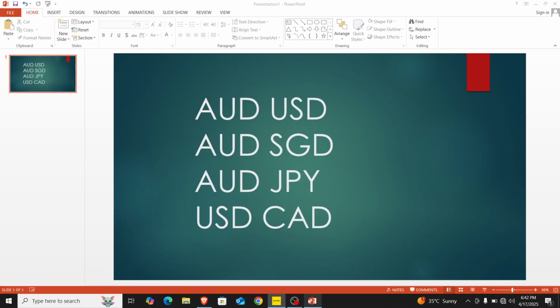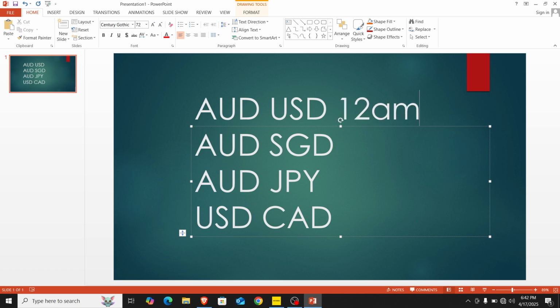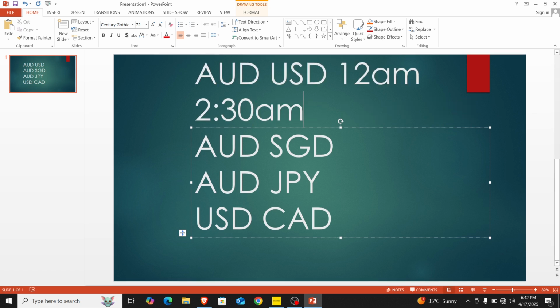Don't forget, these are the pairs we'll be trading, and I stay in Nigeria, so usually the AUD market opens around 12 a.m., and depending on daylight saving, we usually have the news by 2:30 a.m. for AUD and by 2:30 p.m. for USD.